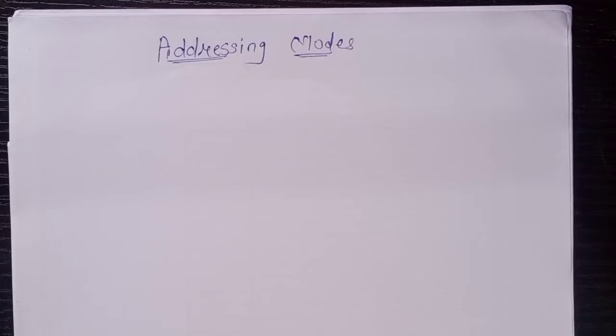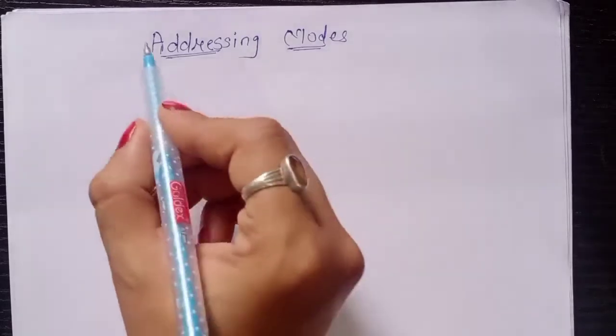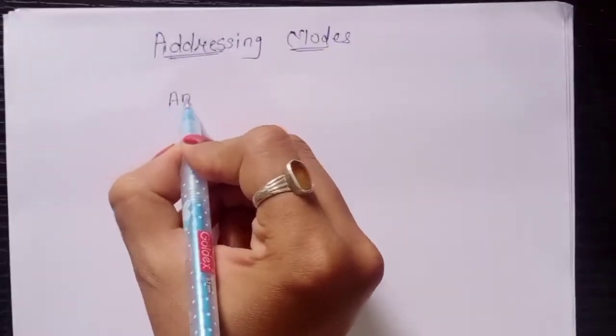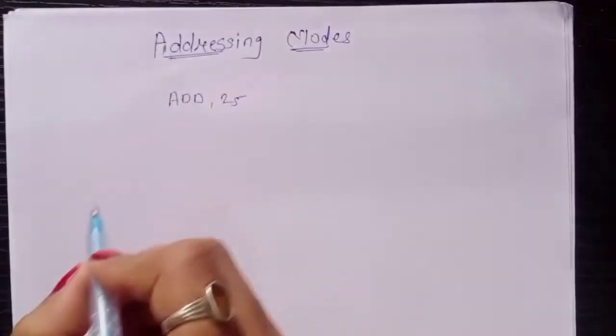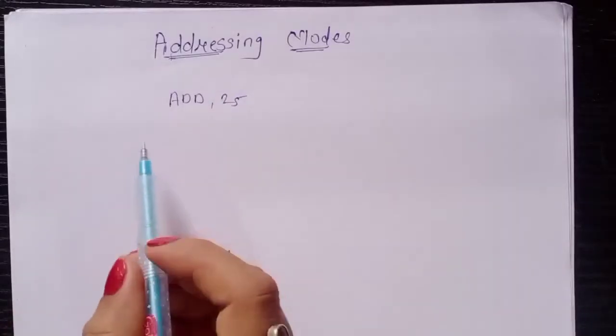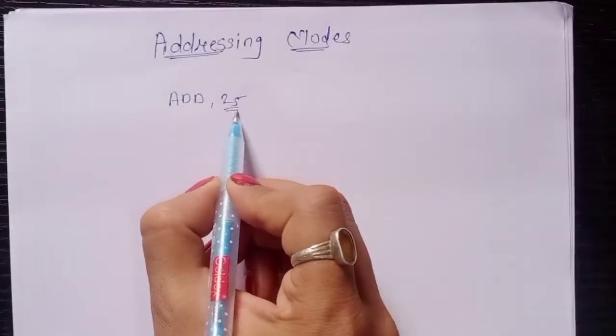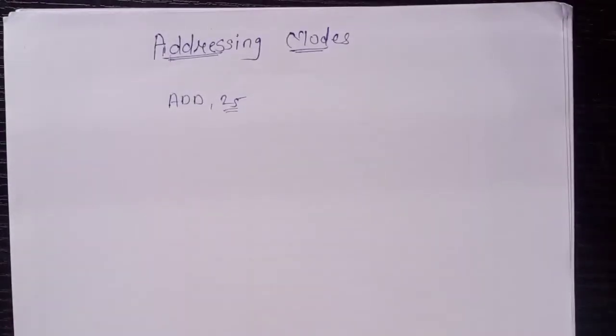So let's say you may give the operand in an instruction itself, saying add 25. Suppose you want to add 25. So this 25 is your operand. You may say add 25, that is the easiest addressing mode, which is called immediate addressing mode.